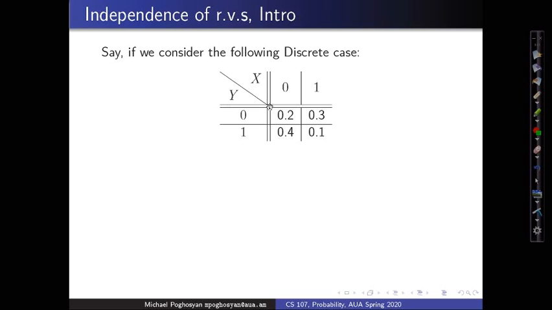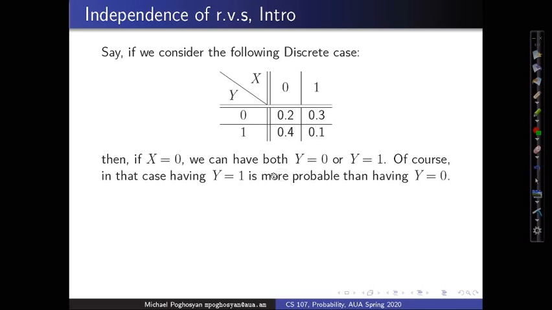Say we consider the following discrete case: x is taking two values 0 and 1, y is taking only two values 0 and 1, with this PMF, probability mass function. If x is 0, then we can have both y is 0 and y is 1.